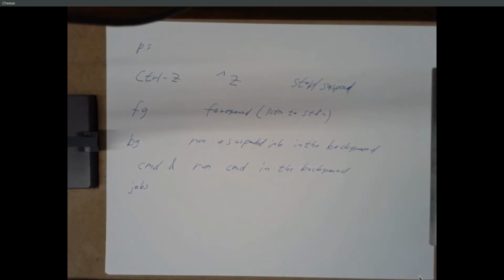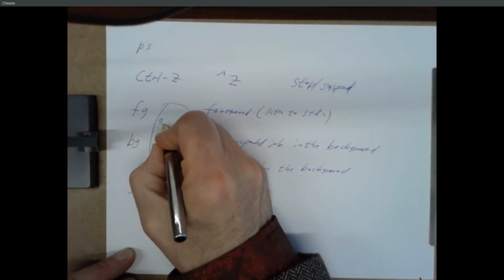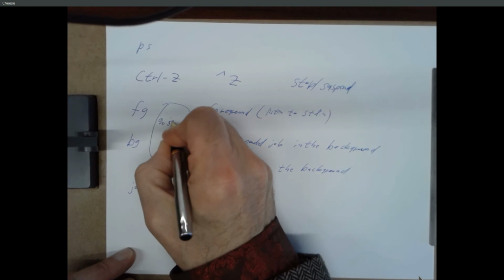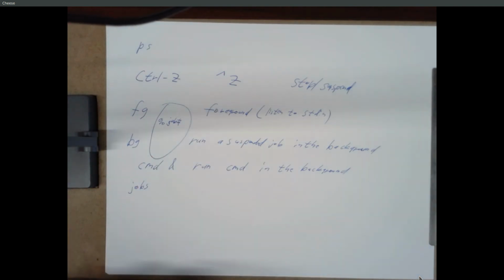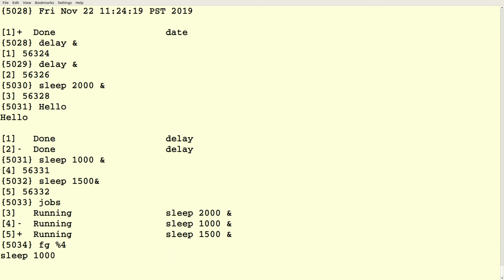And so with these commands like foreground and background, I can say % job number if I want to refer to a particular job. So I could say let's foreground job 4, and now bash is executing the command sleep 1000, and anything that I type is being listened to by that sleep command.